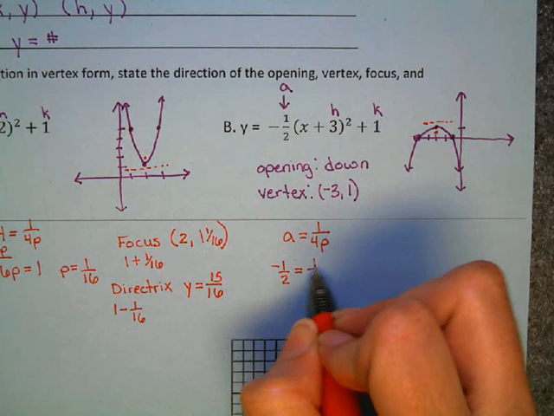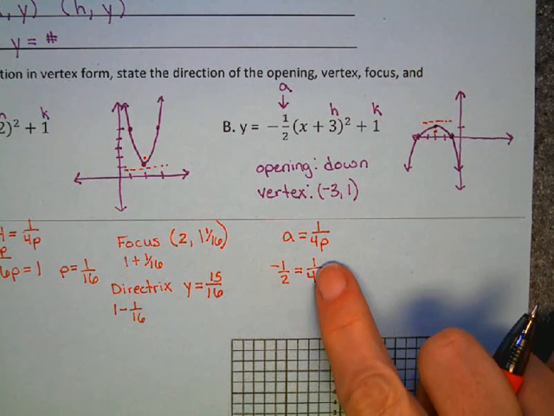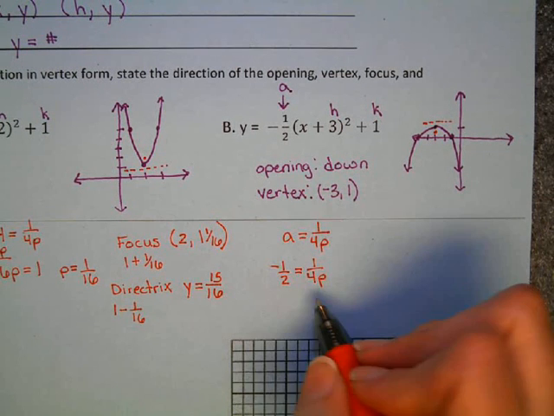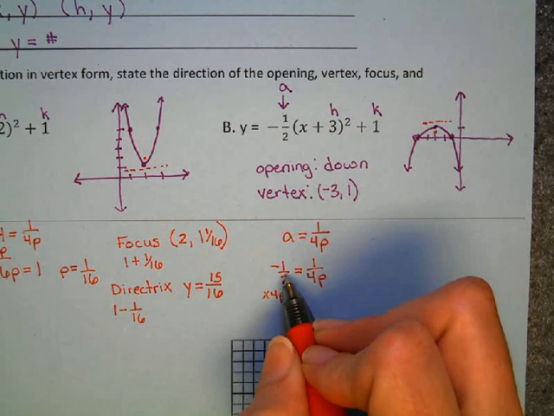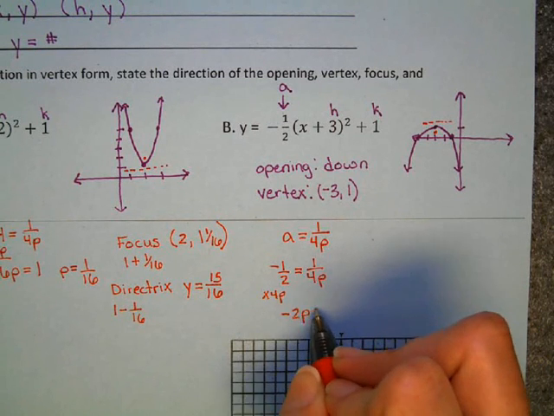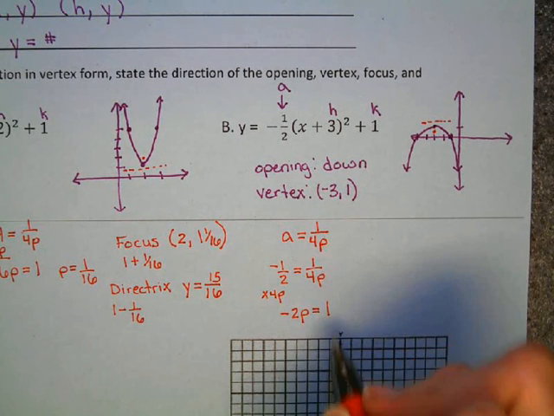The way I do this every time is I take 4P and just multiply it to the other side. Some people choose to cross multiply this. That's another option. So if I multiply 4P to this side, -1/2 times 4 is -2. -2P equals 1. Then I would divide both sides by -2, so P equals -1/2.